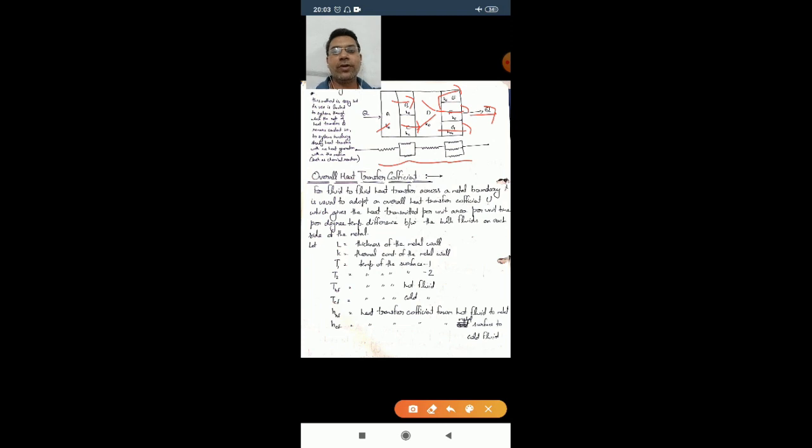Now moving towards another definition. The definition is overall heat transfer coefficient. So students, what is overall heat transfer coefficient? Just listen to it.